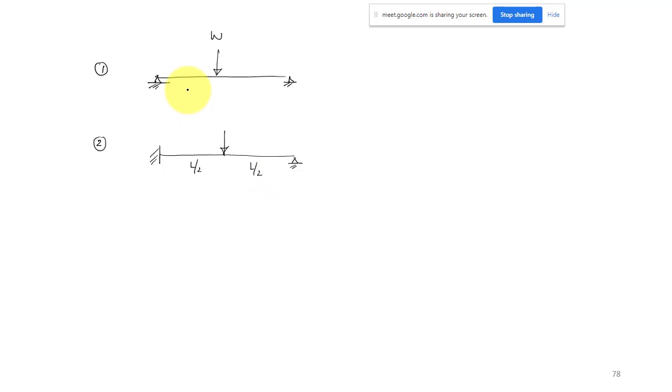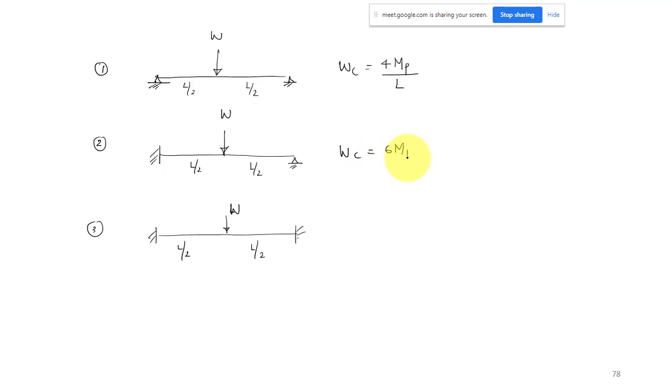Third, we have the fixed beam, with both supports fixed, and the load with L by 2 and L by 2. The collapse load here is 4 MP by L, as we derived. This one is 6 MP by L, and this one is 8 times MP by L.